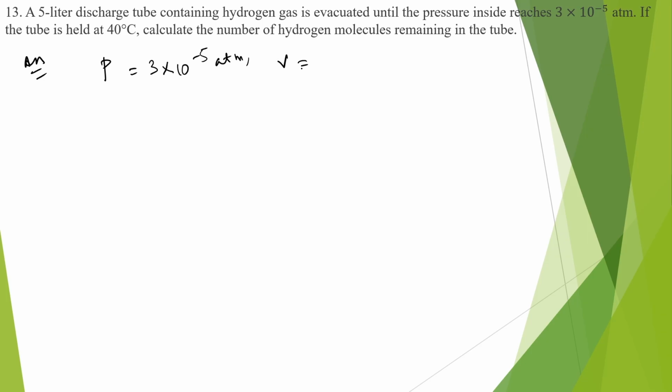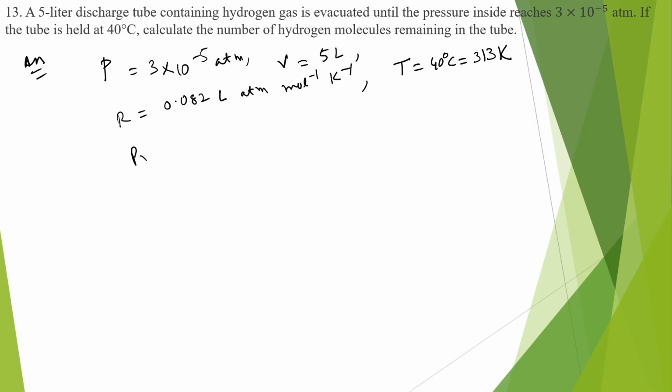Volume is also given, 5 liter. Since we are using atmosphere and liter, we need to use the value of R in liter atmosphere units: 0.082 liter atmosphere mole inverse K inverse. Temperature is 40 degrees Celsius, which means 313 Kelvin.